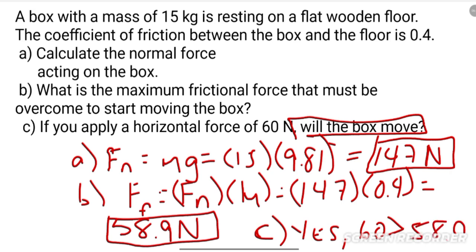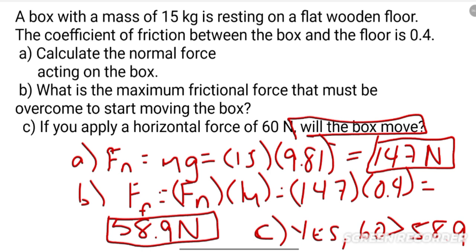So it's going to move in the direction that it's being pulled, because there's more force pulling than is resisting the body, whether it be a block or a dead body, or who knows. But whatever it is, this is always going to be the rule: if the force pulling it exceeds the frictional force, then it's going to move. If not, then it's not going to move.